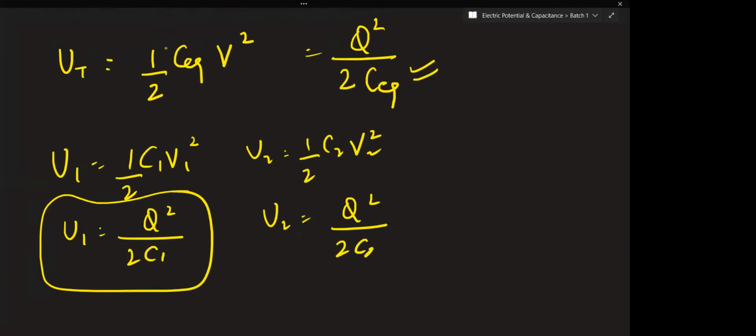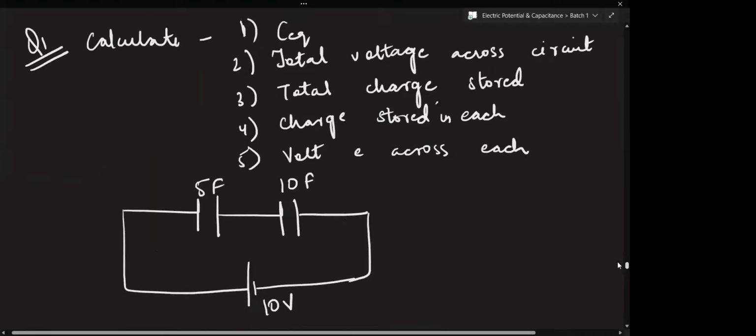So if you people have written this part, shall we move on to the question? All right, let's move on to the question directly. So at least C equivalent, all of you should tell me.